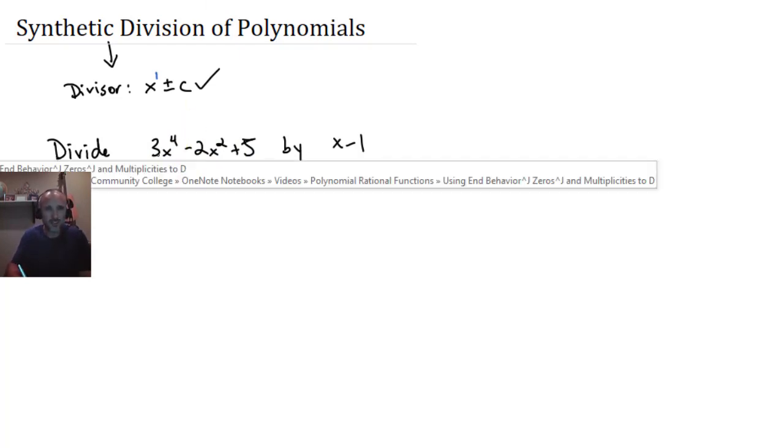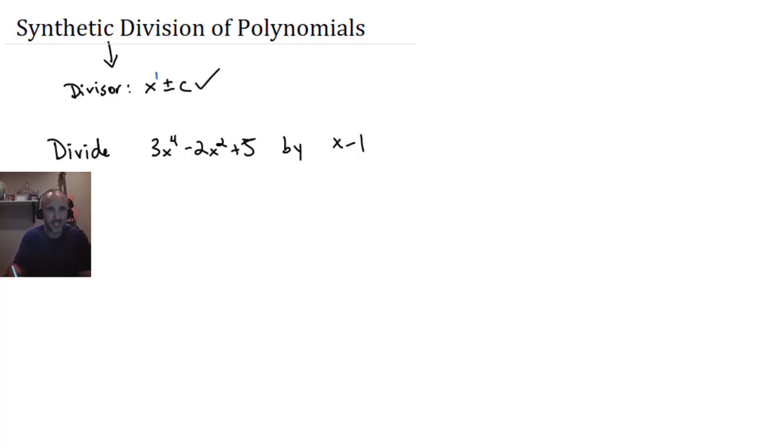So when we write the coefficients of 3x to the fourth minus 2x squared plus 5, we get 3x to the fourth plus 0x cubed minus 2x squared plus 0x plus 5. So you've got your x to the fourth, your x cubed, your x squared, your x, and your constant. Okay, so that's your dividend.